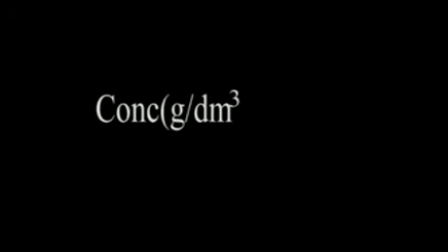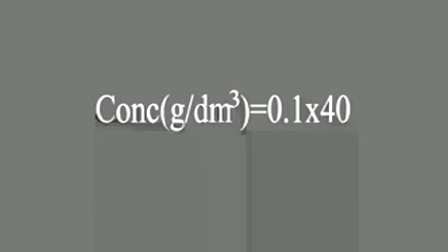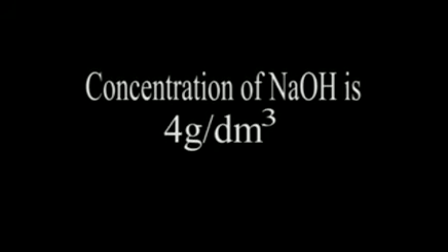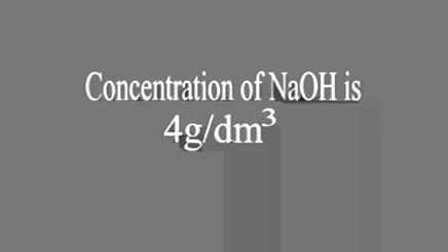Then concentration of sodium hydroxide in gram per dm cube equals 0.1 times 40 gram per mole, where the concentration of sodium hydroxide in gram per dm cube equals 4.